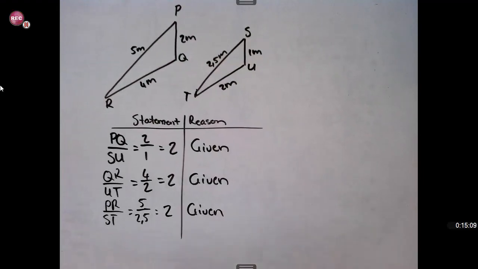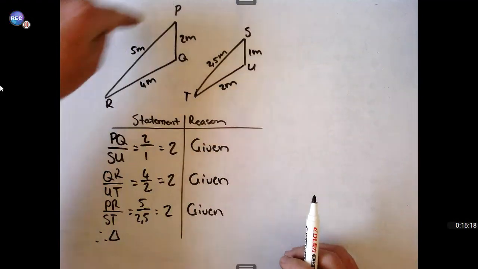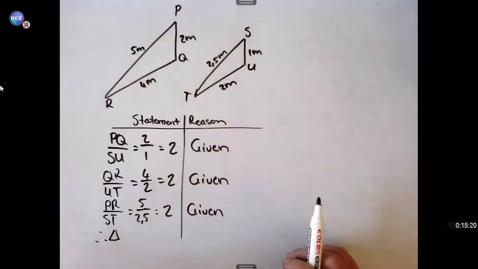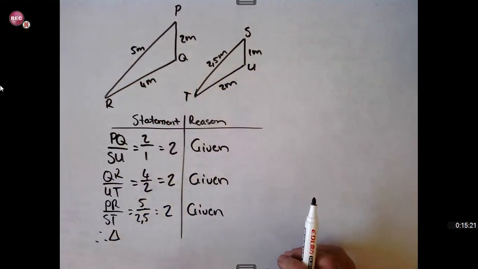Okay? Then, therefore, you need to tell me that triangle, and remember yet again, you need to ensure that your corresponding sides are all in line when you are working with your statement.